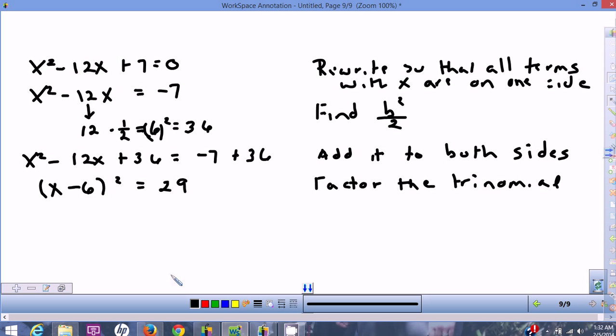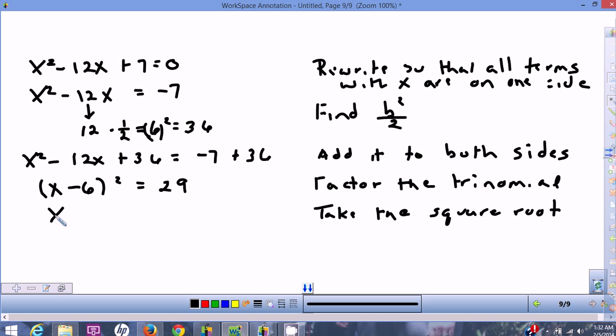We now have a quadratic where we have the squared term isolated, and I can now take the square root of both sides. If I take the square root of both sides, it's going to let me solve for my x term.